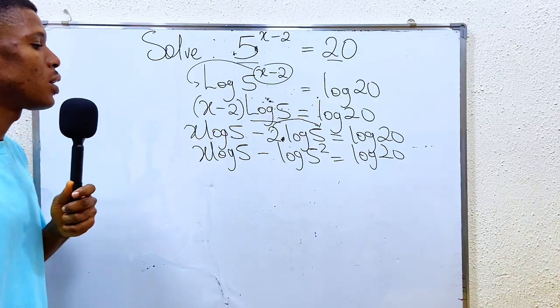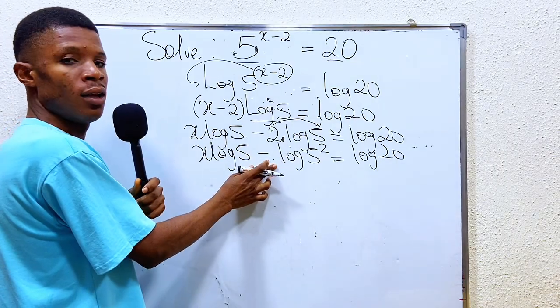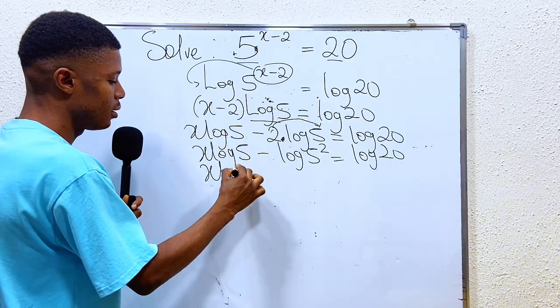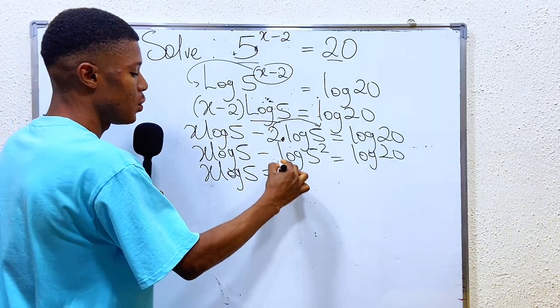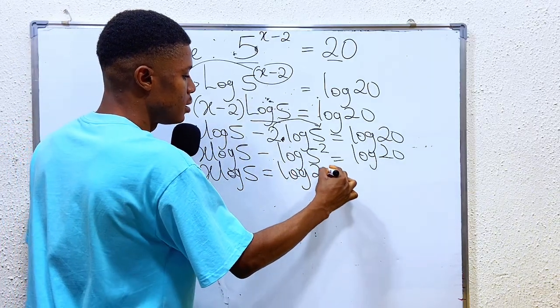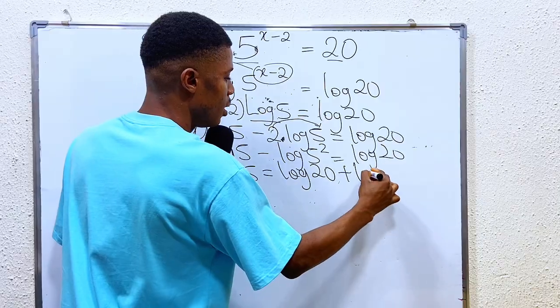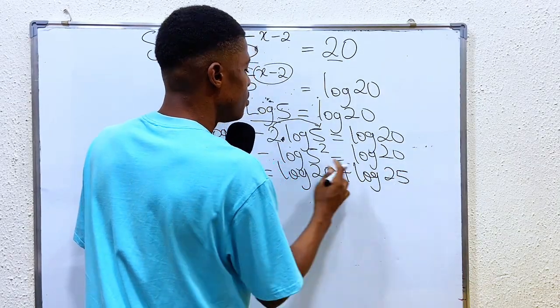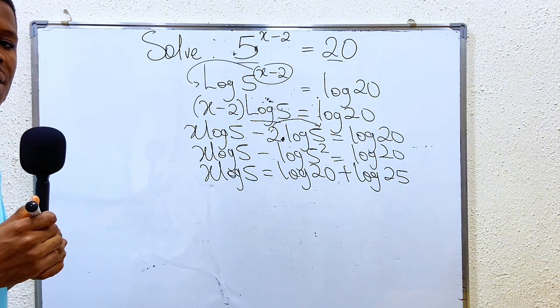So you can now see we can add log 5 squared to both sides, so that we have x log 5 is equal to log 20 plus log 25, because 5 squared is 25.